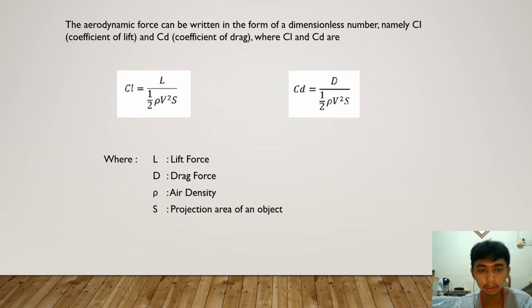Rho is the air density. Rho in this case is air density, because this is aerodynamic analysis, so we can ensure that the fluid is air. Then S is the projection area of the object.